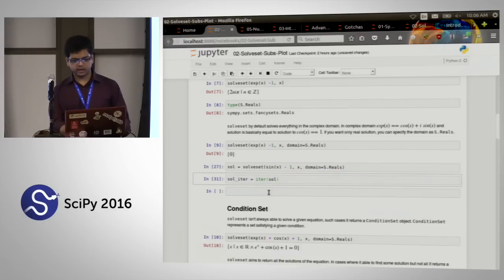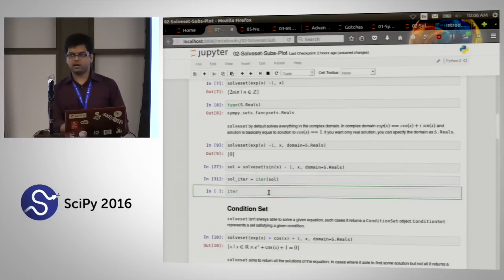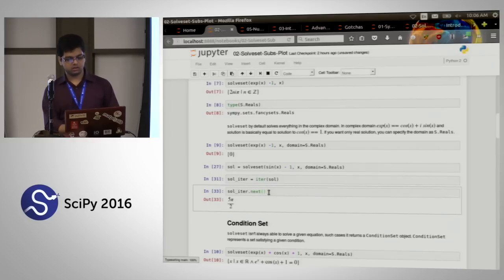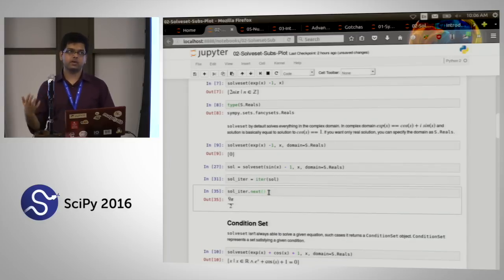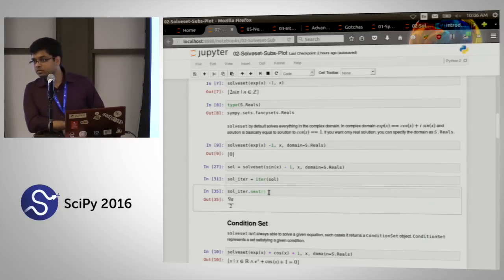You can create an iter object, and you can iterate over the solutions as many times as you want, using next.